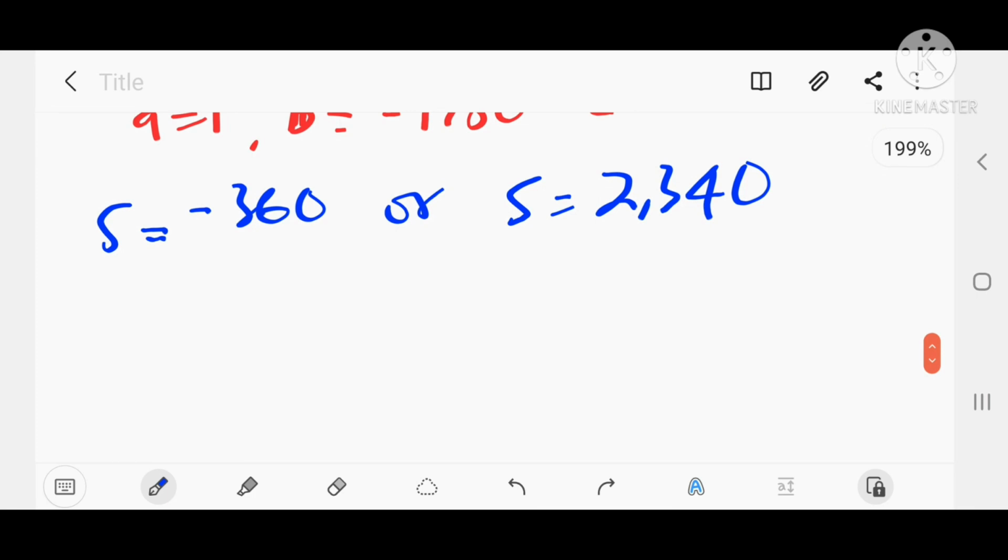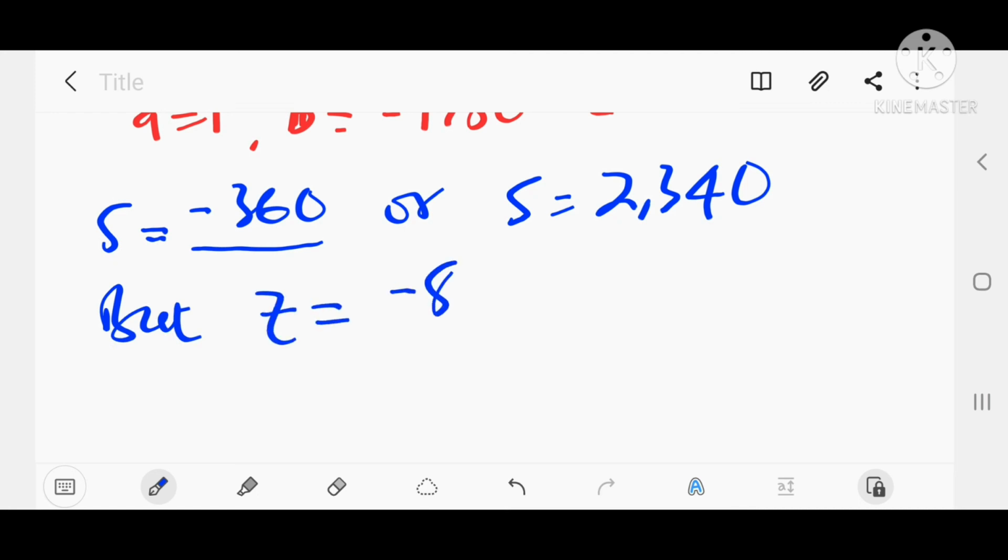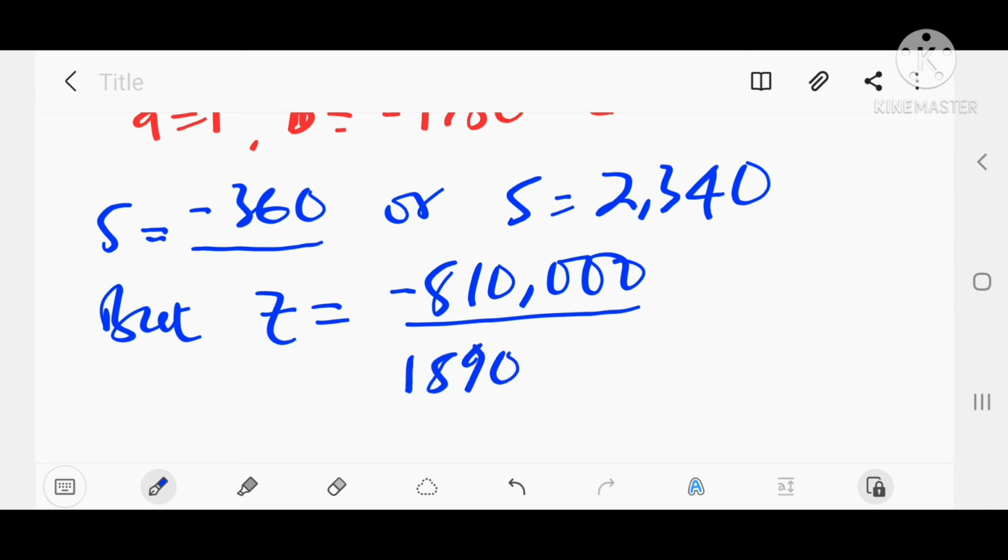But remember, we want the sum of the interior angles of a polygon, and the sum will never be a negative value. So we discard the negative value and we pick the positive value, and use that to get the z. Remember that our z equals negative 810,000 on 1890 minus s.